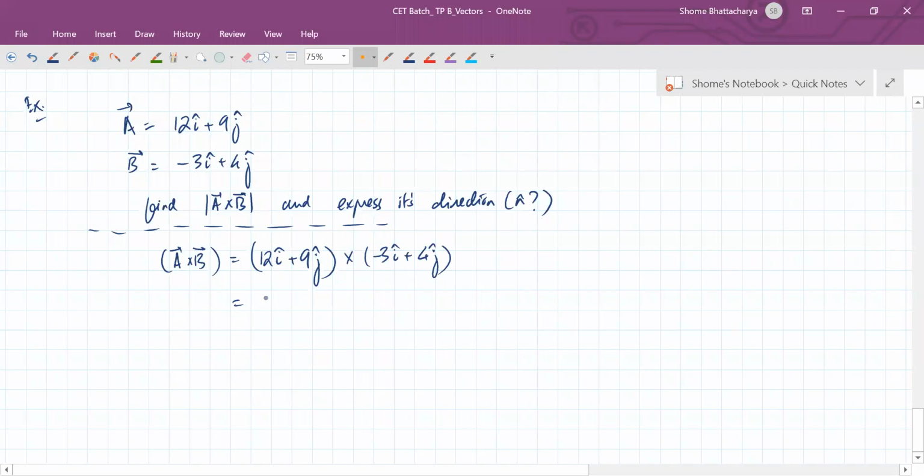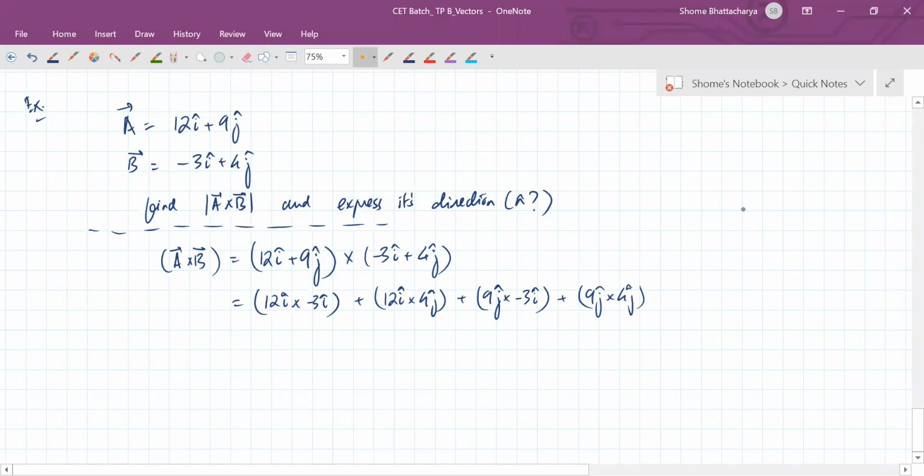So this becomes 12 i cap cross product with minus 3 i cap plus 12 i cap cross product with 4 j cap plus 9 j cap cross product with minus 3 i cap plus 9 j cap cross product with 4 j cap.